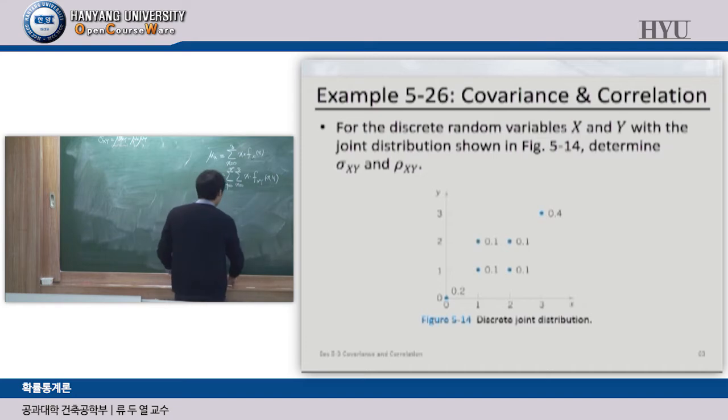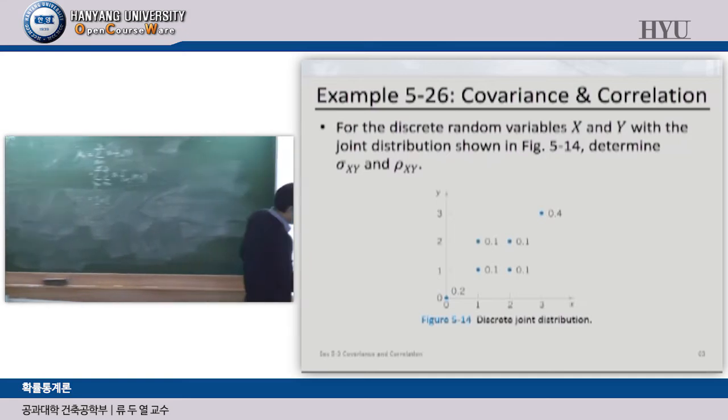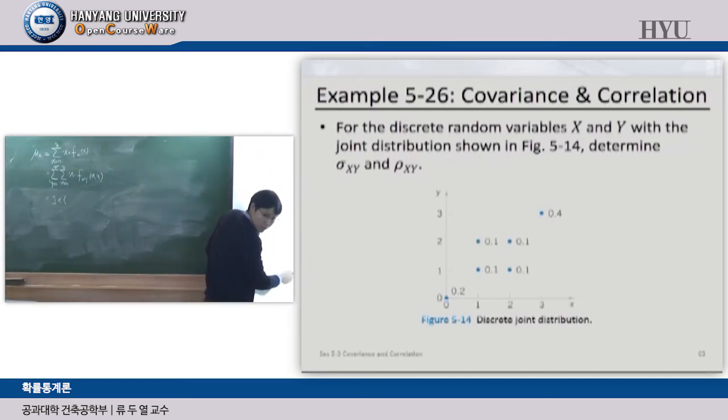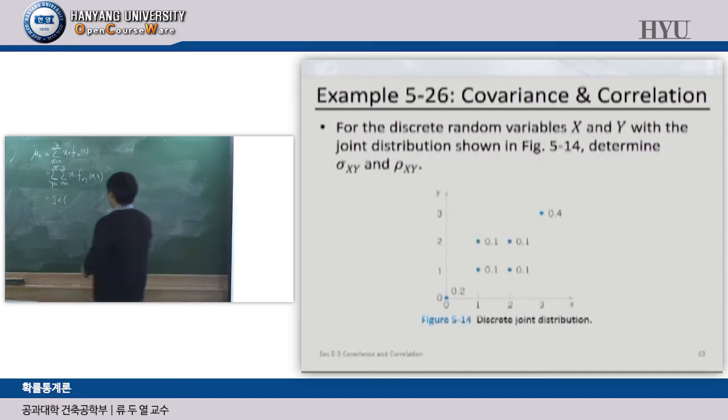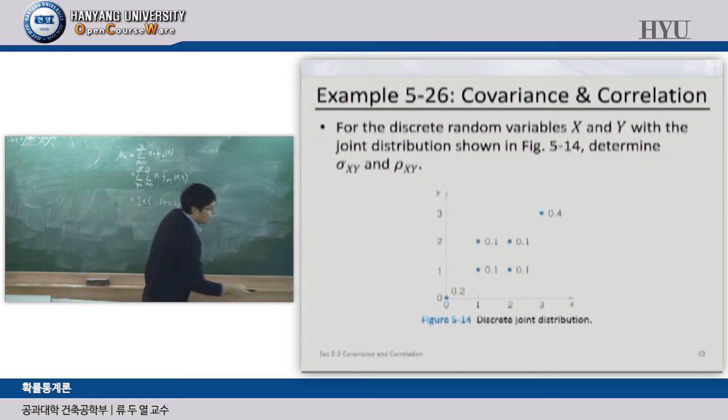So when x is equal to 1, it is the summation of these two values, 0.1 plus 0.1. And when x is equal to 2, we also have two values here, 0.1 plus 0.1. Plus when x is equal to 3, that is 0.4.